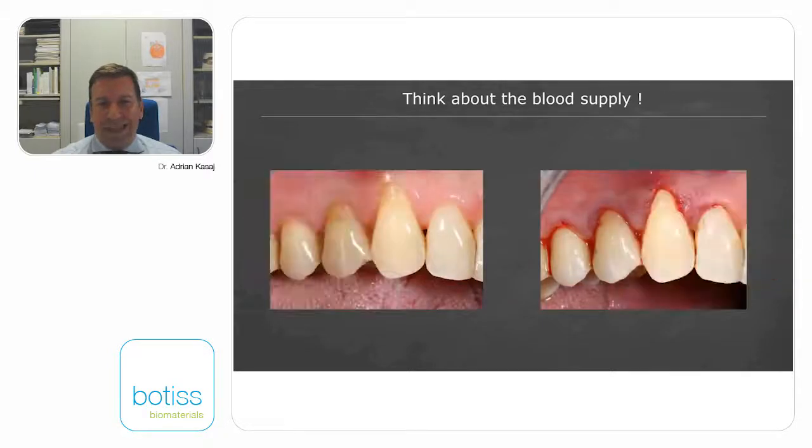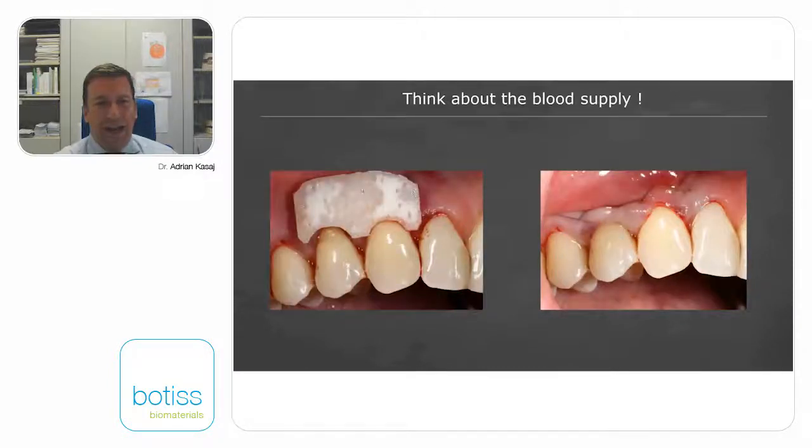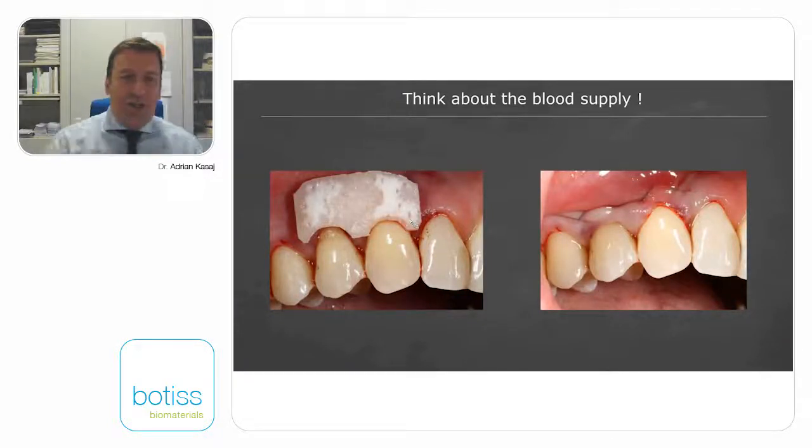Also in this clinical situation, I tunneled this area, split thickness in all this area. You can see here the dimensions of the matrix, which is too high in the vertical dimension, so there's no need to fill out the whole vestibulum with this matrix.